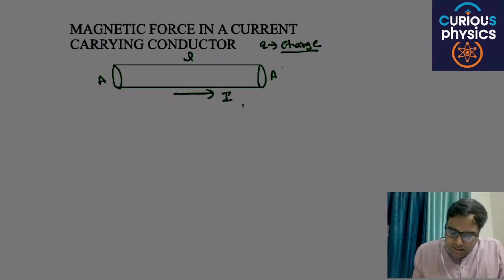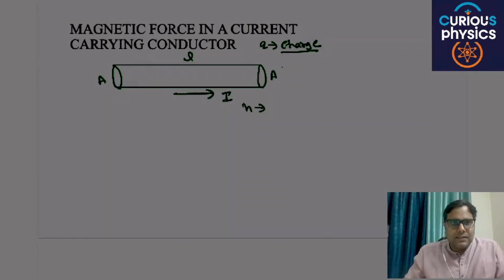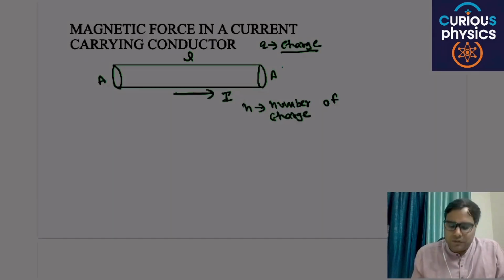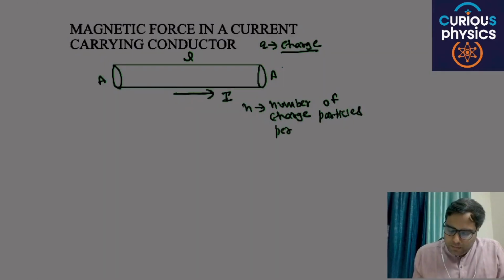n is the number of charge particles per unit volume; in the case of conductors the charge particles are electrons. B is the magnetic field.